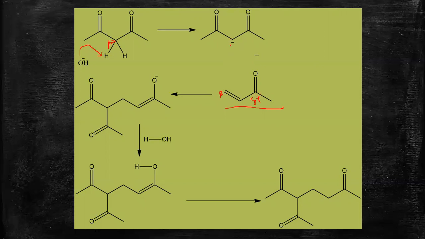In the aldol addition, a direct 1,2 addition takes place between the enolate and the carbonyl compound, because the enolate would attack directly on the carbonyl carbon. However, here the alpha beta unsaturation makes another electrophilic center, and the enolate, which is basically a weak base, would tend to attack at this position, the beta position or beta carbon.